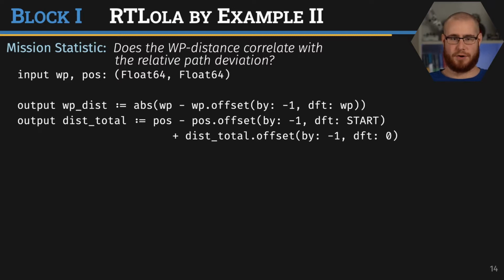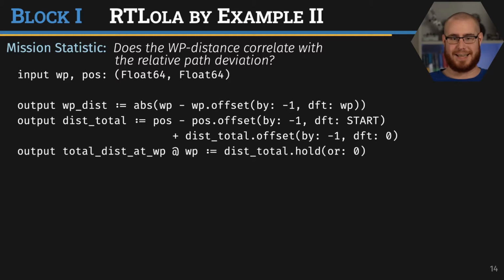However, when we want to compare the distance between waypoints and the distance we have traveled so far, we have to somehow come to a common denominator for the timing. And for this, we define a new stream, and this stream is the total distance at a waypoint. And the timing of this stream is bound to waypoints.